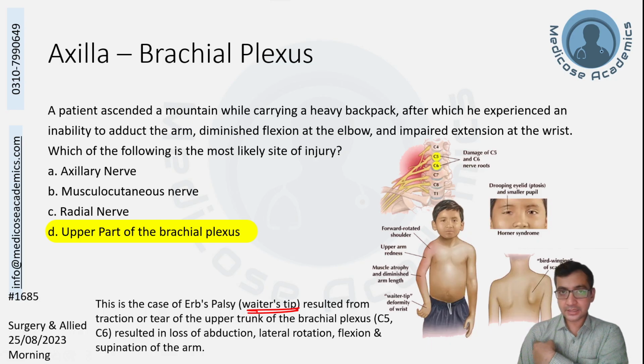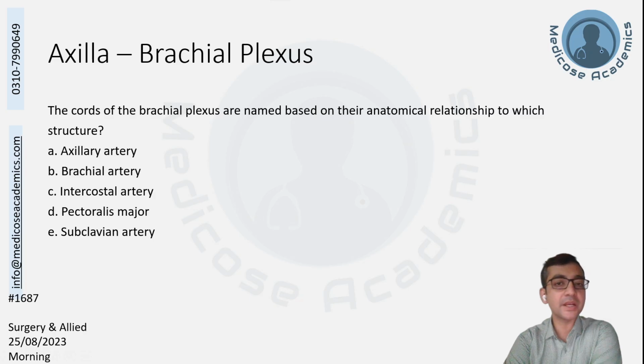The shoulder is adducted, so abduction is lost. It's medially rotated, so lateral rotation is lost. The elbow is extended, so flexion is lost. It is pronated, so supination is lost. The wrist is flexed, so extension is lost. All of these can give you an idea of Erb's paralysis.